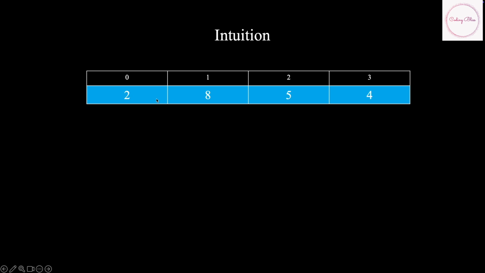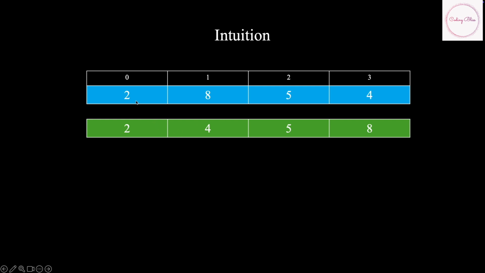Okay, so let's take the previous example itself. It's 2 8 5 4, and finally we want to have this as our final output, that's 2 4 5 8. Now let's take each of these array locations and see how to handle this.